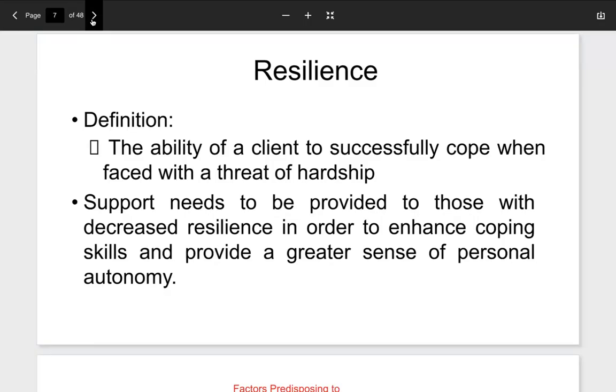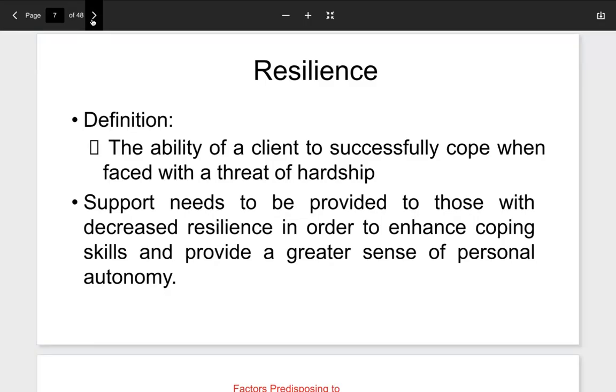Because before you, as a community health nurse or a group of community health nurses came along and identified that X, Y, and Z are the health concerns that this community is facing, many of them already knew that, right?